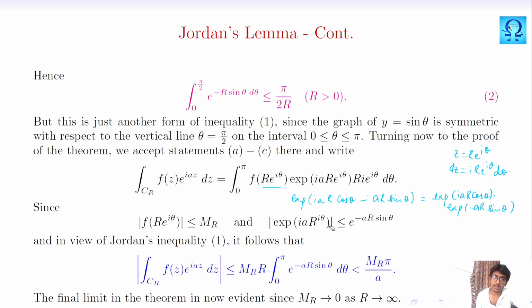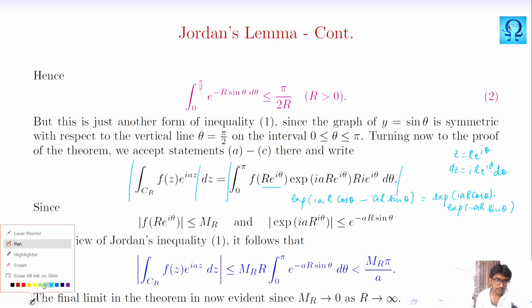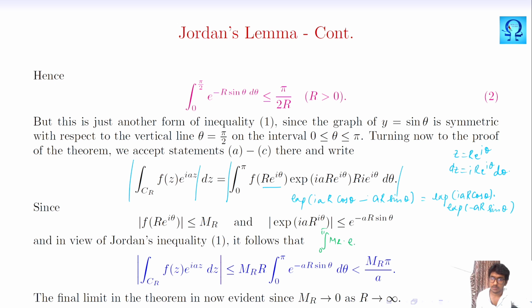Now with the help of Jordan inequality, we just integrate it. That is, we take the absolute value, the entire absolute value here. When we do so, what are we going to get? Integral from 0 to pi, and this becomes M r, and this becomes exponential of minus a r sine theta, and here we would get simply r and d theta.